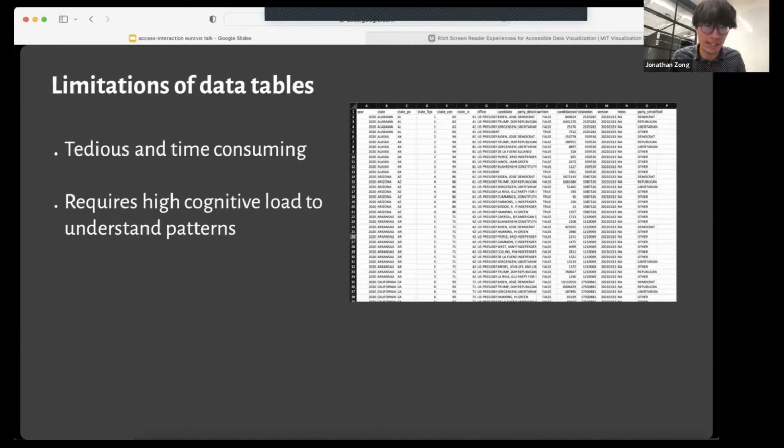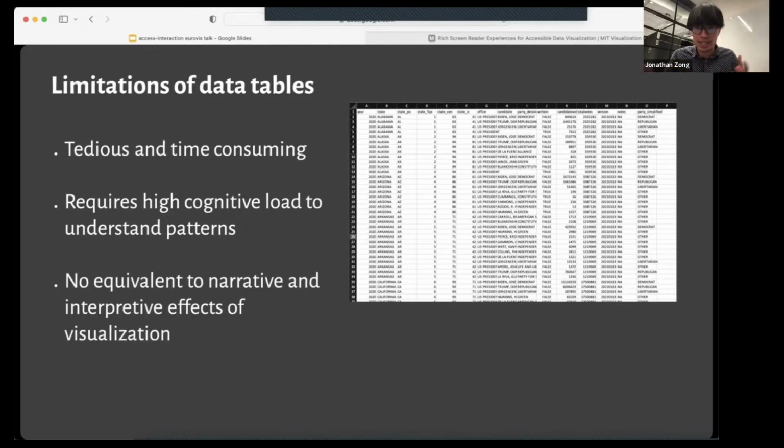What I mean is you have to remember a lot of stuff when you're going through this table. If you want to understand a pattern or a trend, you have to remember the numbers from the previous rows and compare them to what you're reading now. You would probably want to break out a pen and paper for that, because it's just really hard to hold it all in your head.